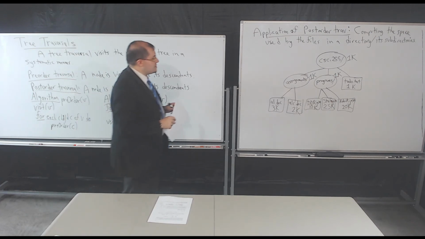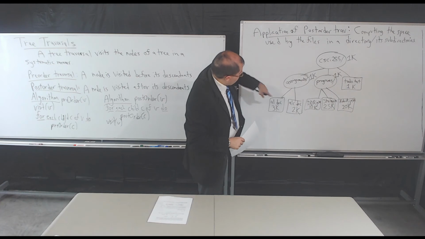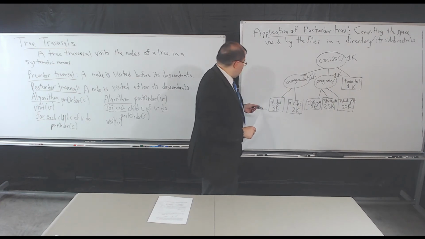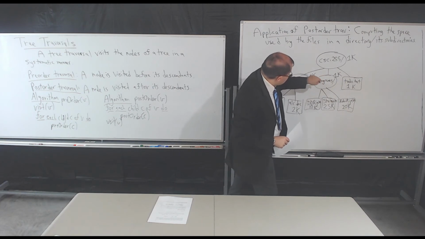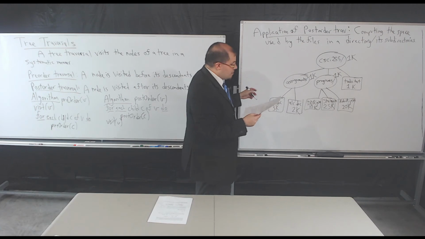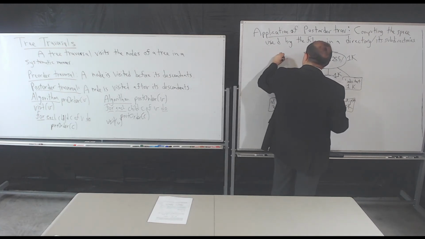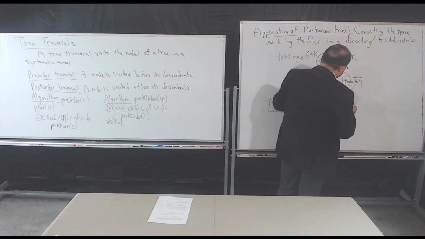So I need to compute the total amount of space used across all the directories and files. I need to add up all of these, the sizes associated with these and that file. How much is it? If you were to add them all up, the total space being used here is 64K.